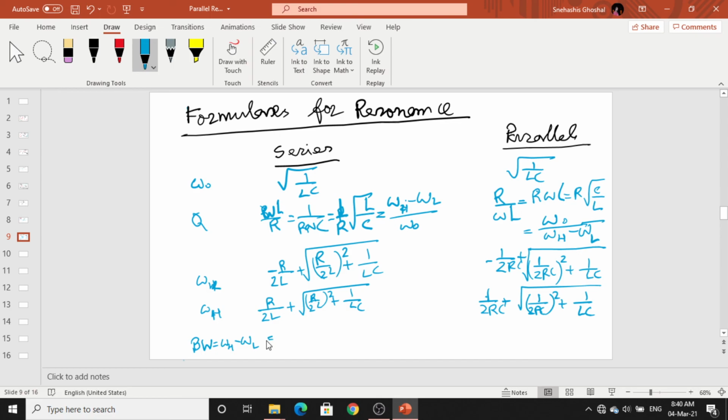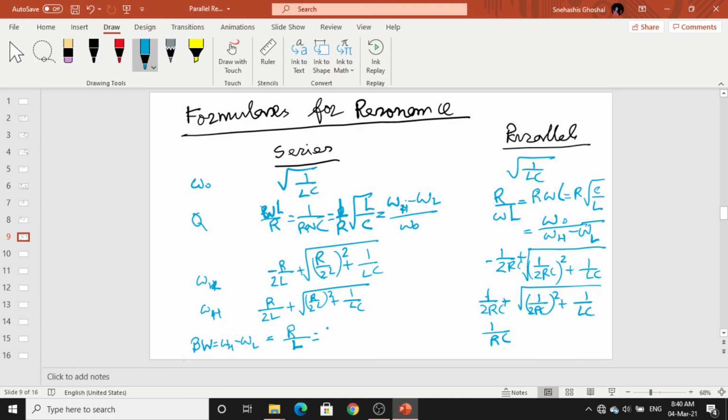So in series circuit it is R by L, and in parallel circuit it is 1 by RC. Clear?